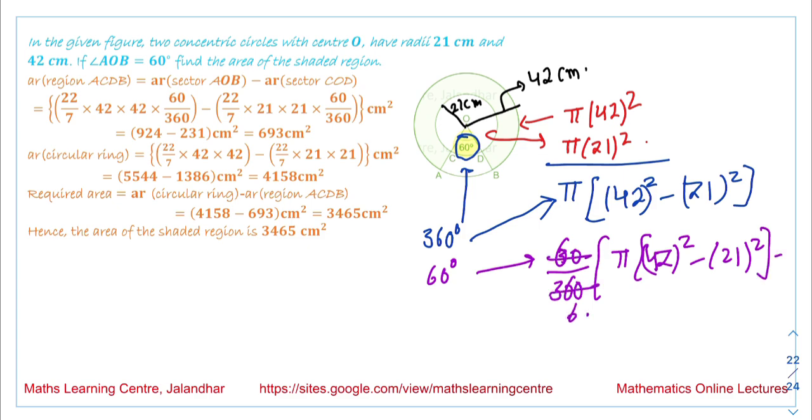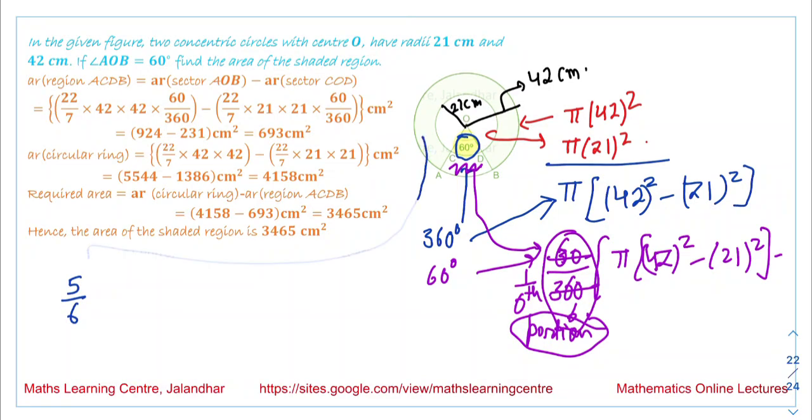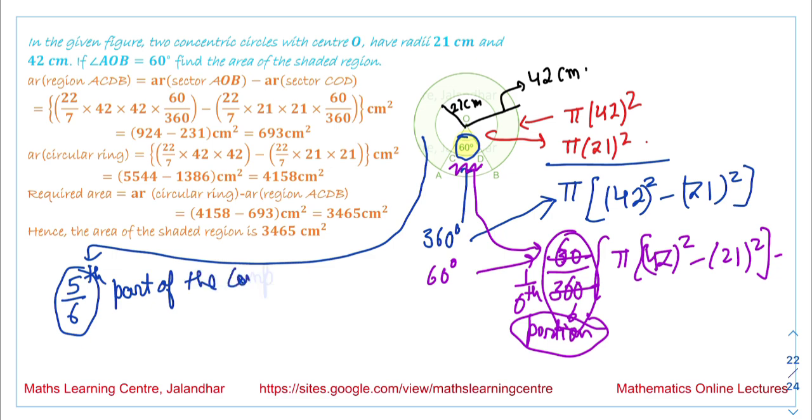So this portion is basically the 1 by 6th portion of the complete ring. So the required answer is 5 by 6. This is 5 by 6th part of the complete ring. So the answer we get is 5 by 6 into pi into 42 square minus 21 square.